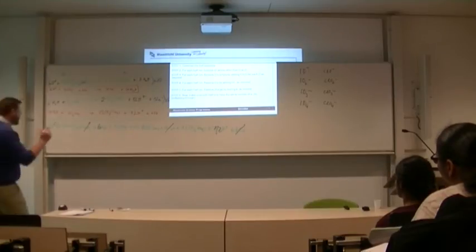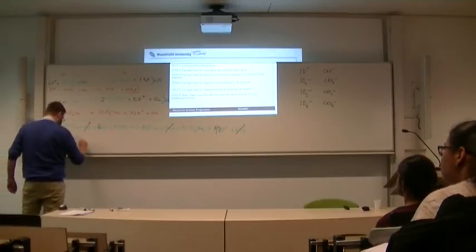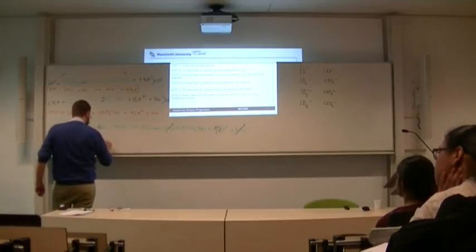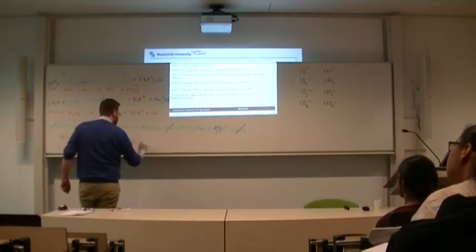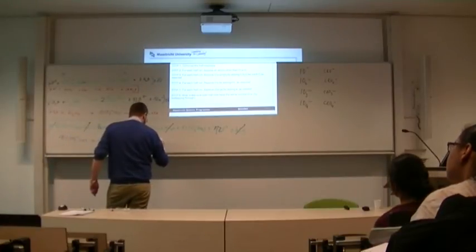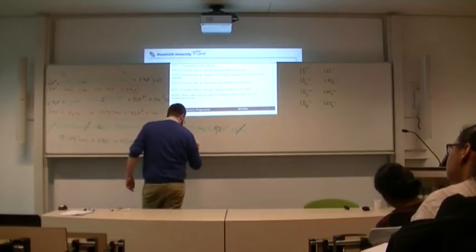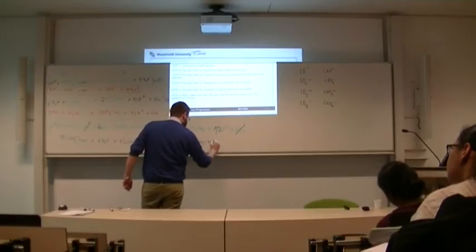So the net reaction of the simplification is 10 ClO3 minus aqueous plus 6H2O plus 6I2 aqueous goes to form 10Cl minus plus 12IO3 minus plus 12H pluses.